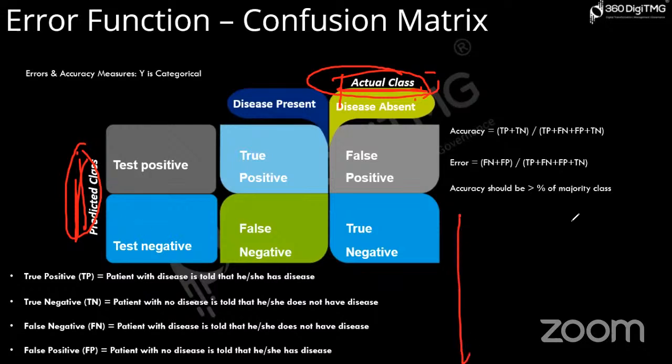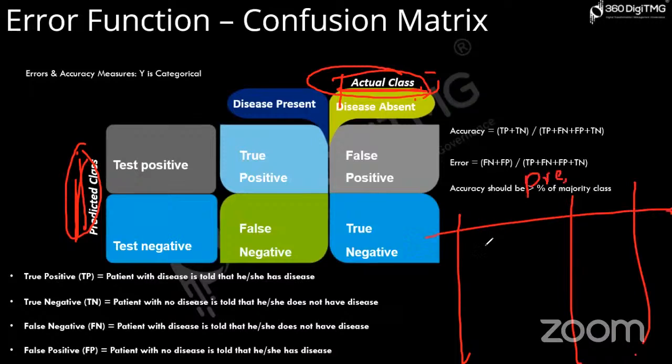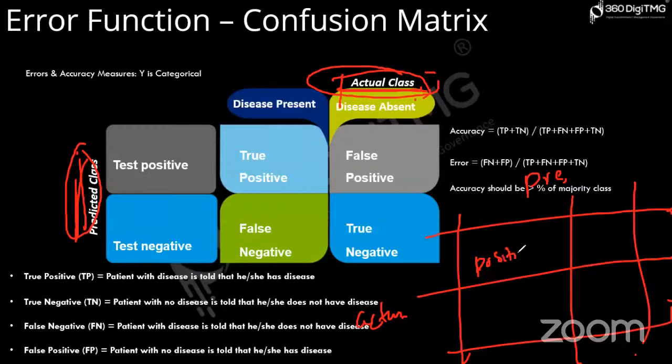Let's say this is the predicted one, and this is the actual one. If the actual case is positive and you have also predicted positive, we call it a true positive.